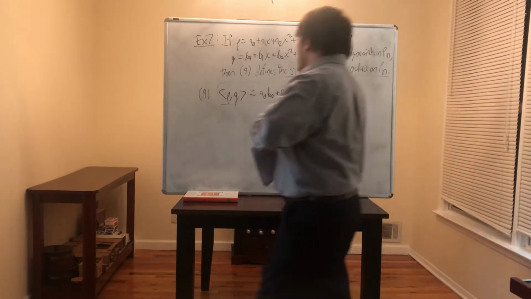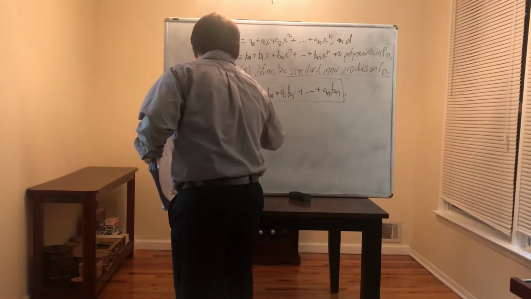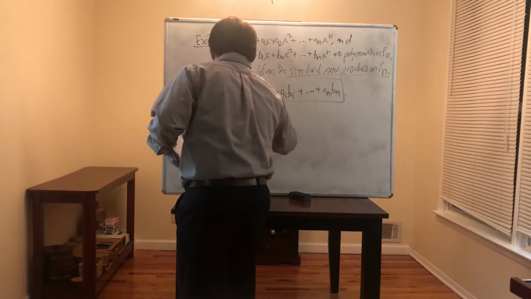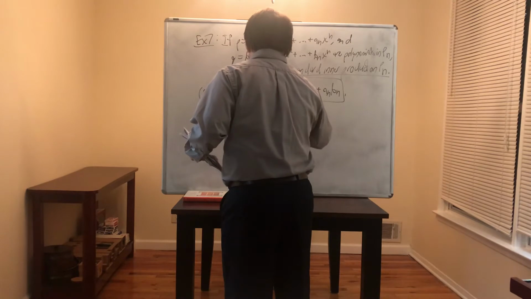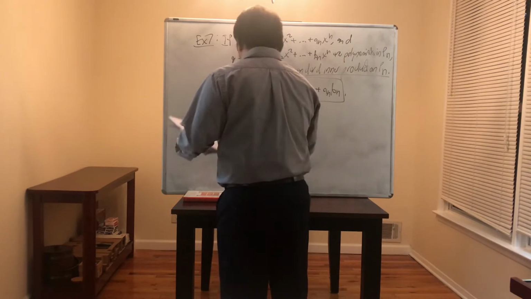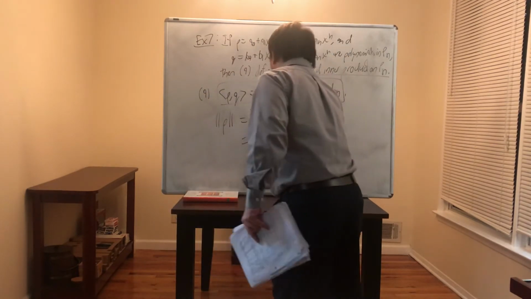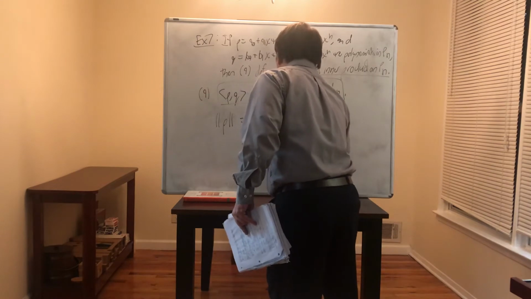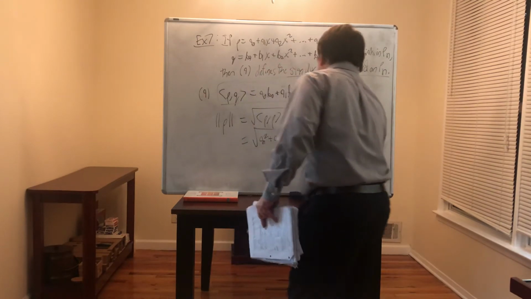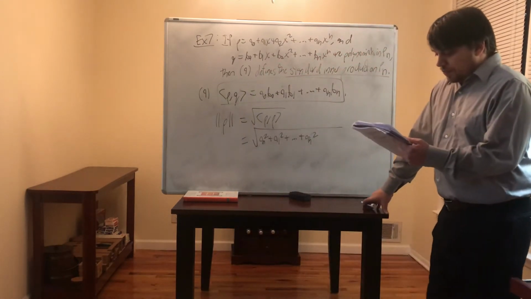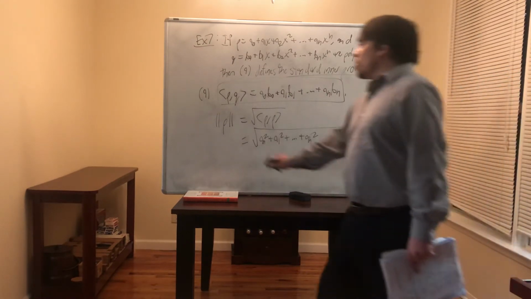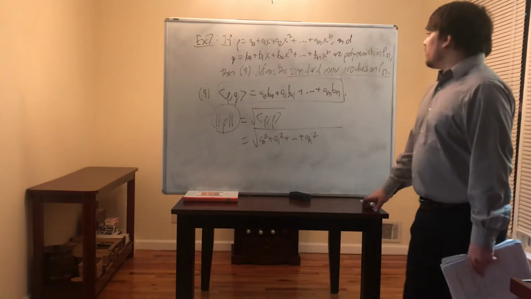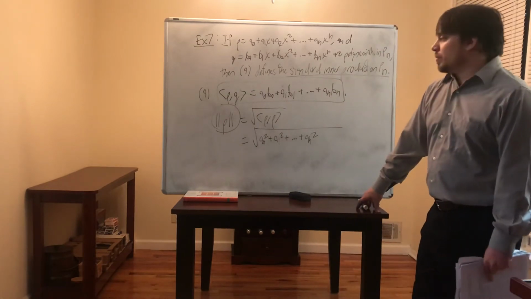And the norm of p is equal to the square root of the inner product of p with itself. That's equal to the square root of a naught squared plus a1 squared plus dot dot dot plus a sub n squared. This is the norm of a polynomial relative to this inner product.